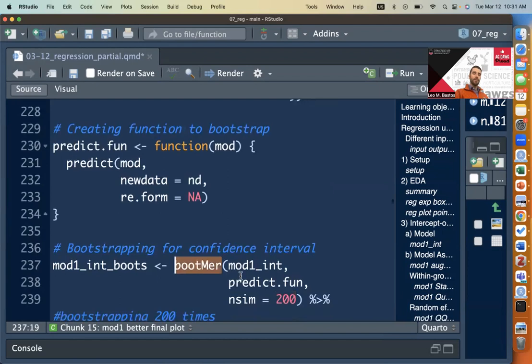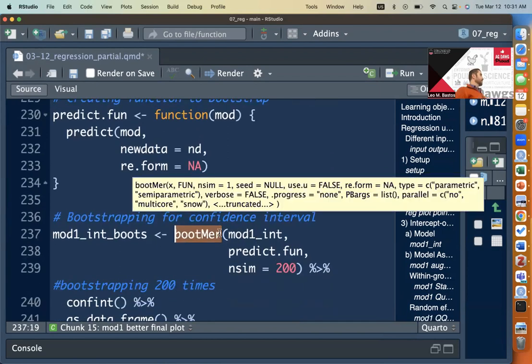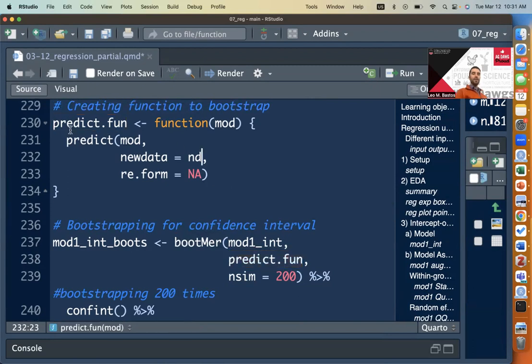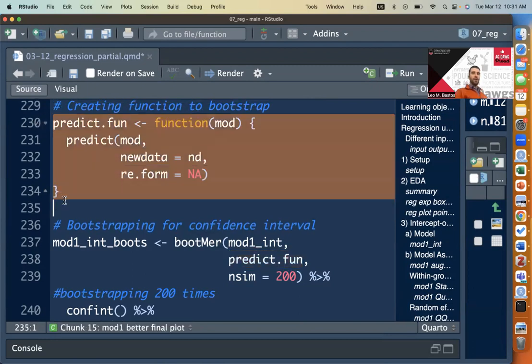Now, because the bootMer function that's going to do the bootstrap requires a predicting function, I am creating that function right above. We have not covered yet in this class the creation of functions. We'll get to that in a different class, so I don't want to spend a lot of time on this.